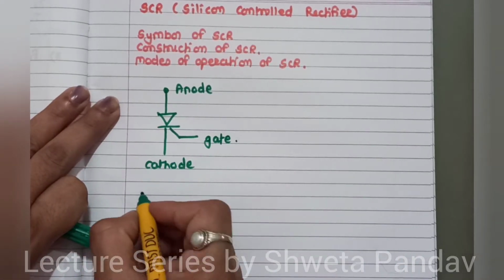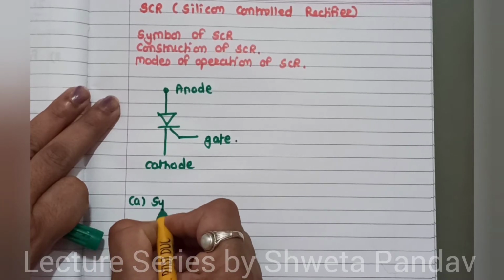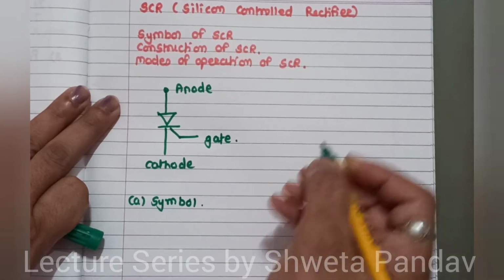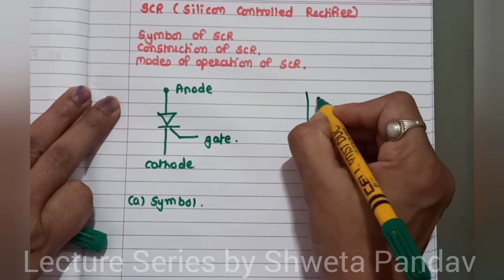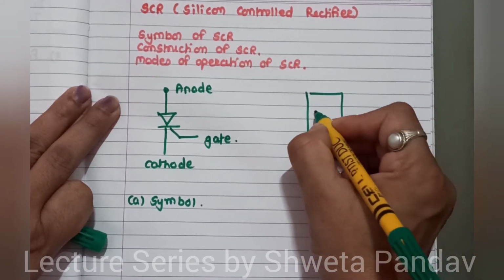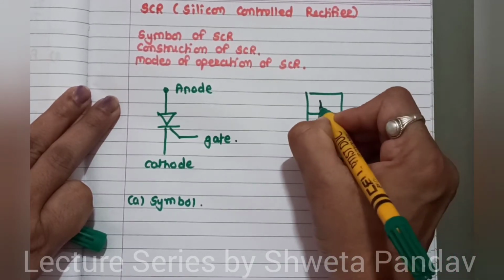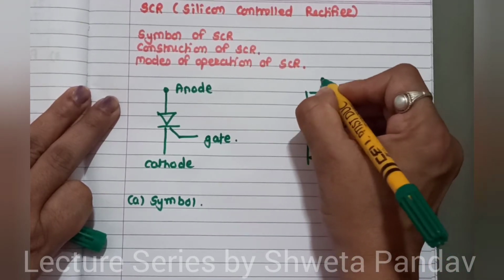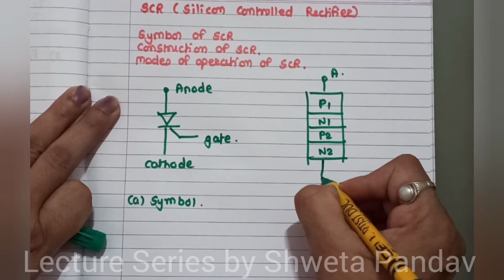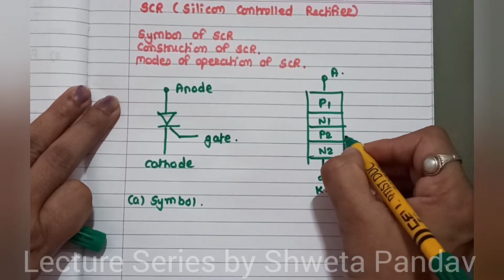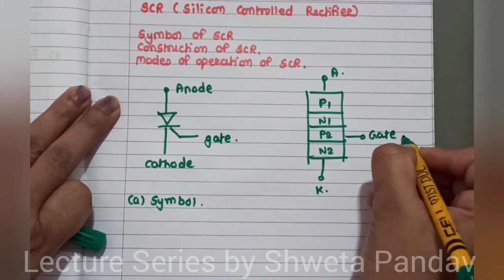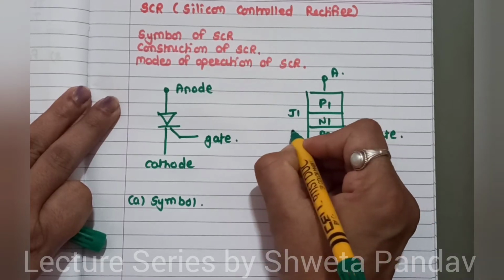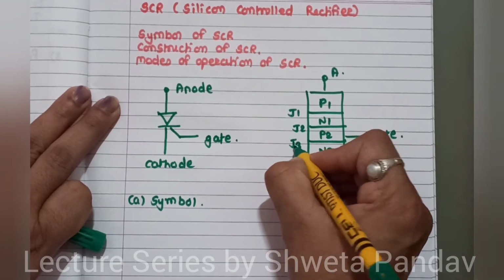If I draw the structure of it, it is a 4 layer device: P1, N1, P2, N2, with 3 terminals: anode, cathode and gate, and 3 junctions, J1, J2 and J3.